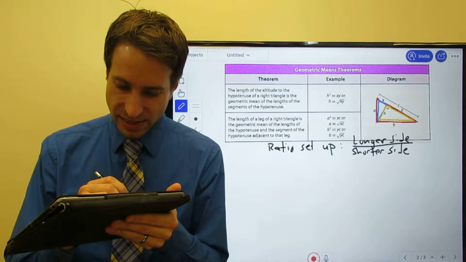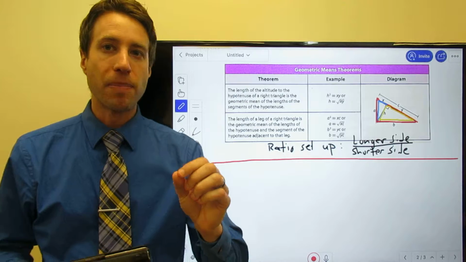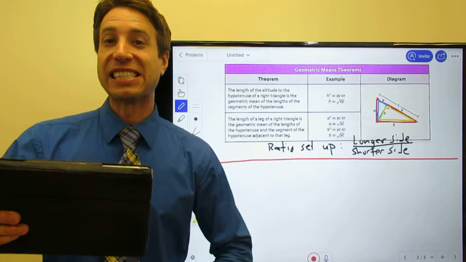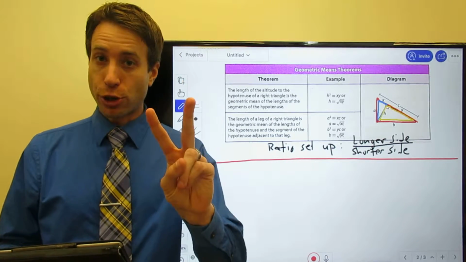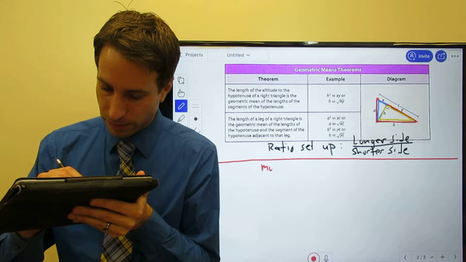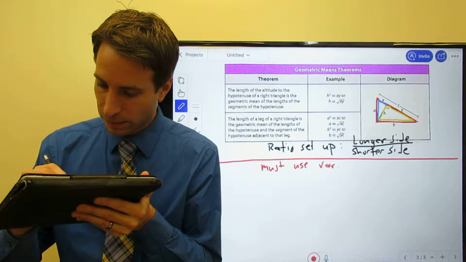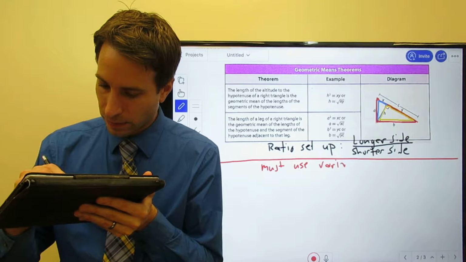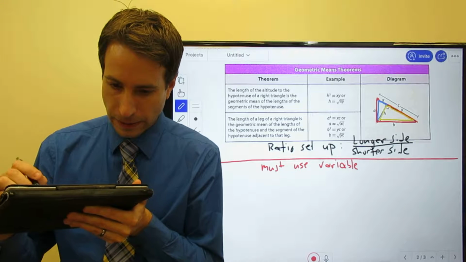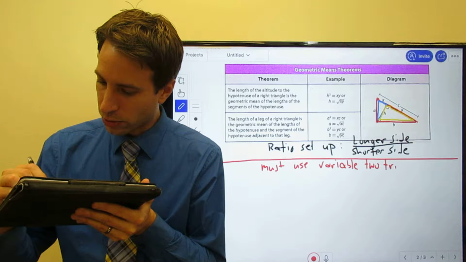We're going to set up these ratios by using a side that at least two triangles have in common. So we must use a side that two triangles share.